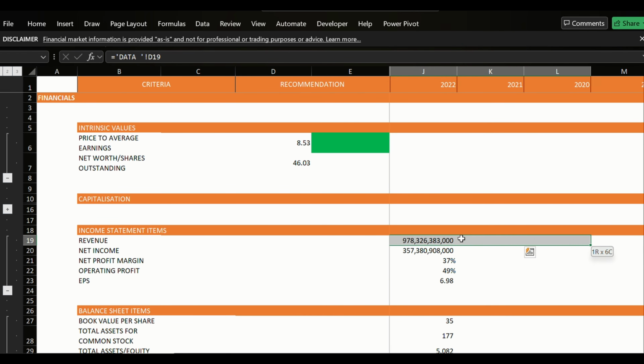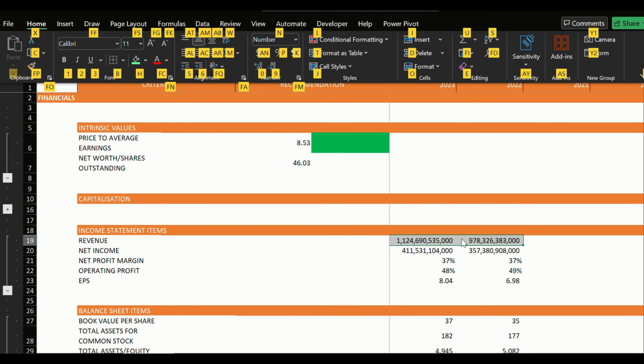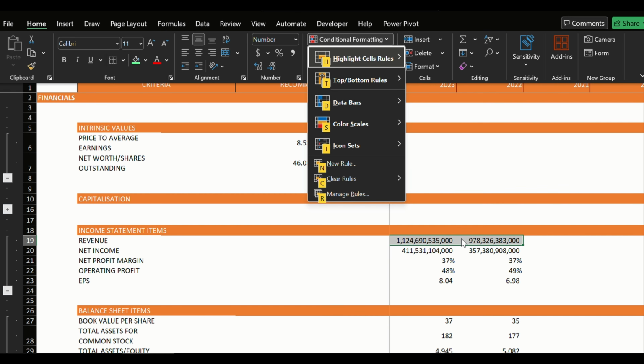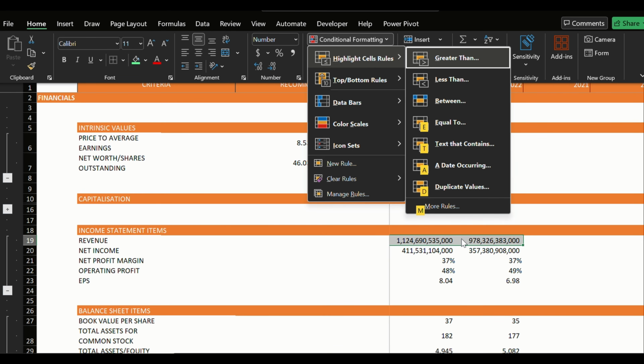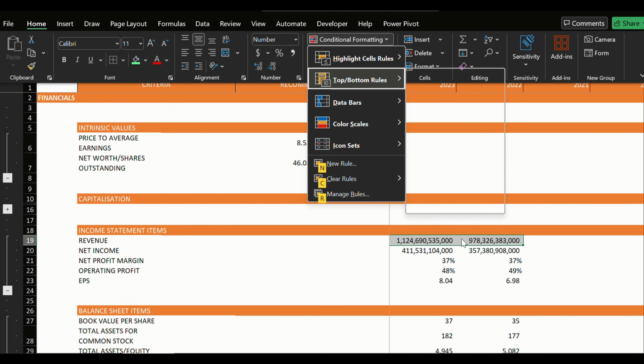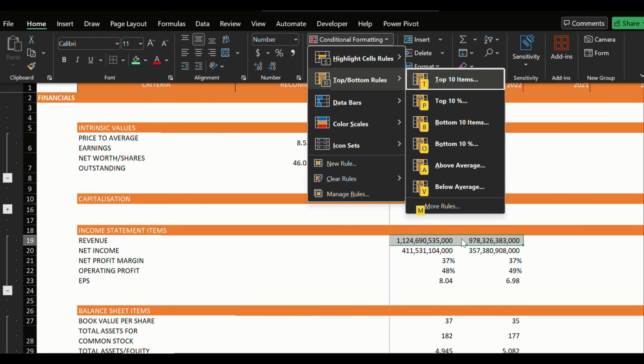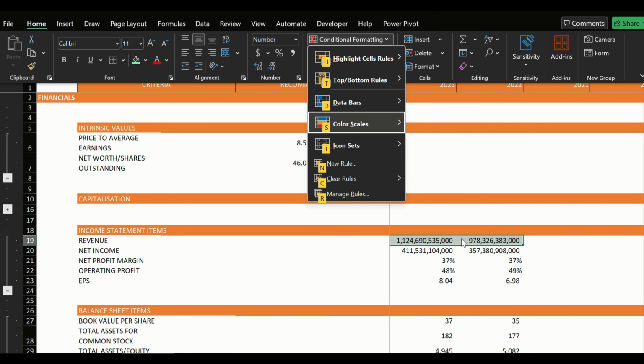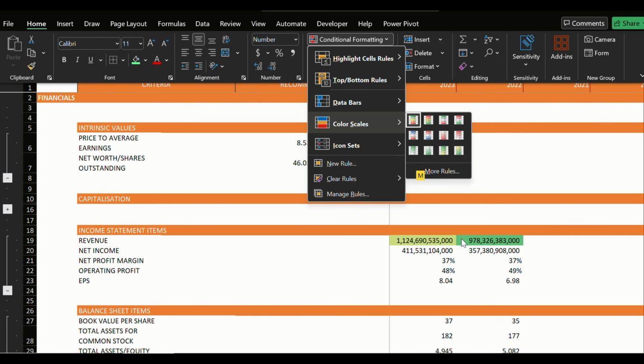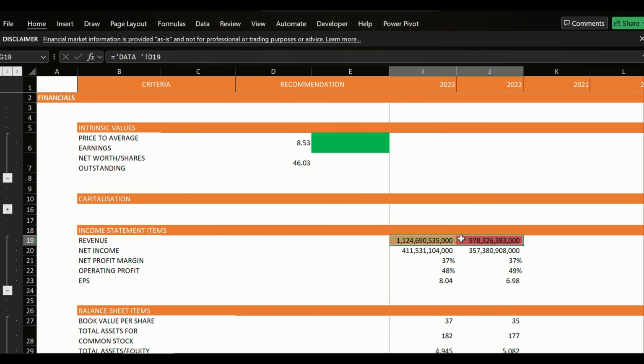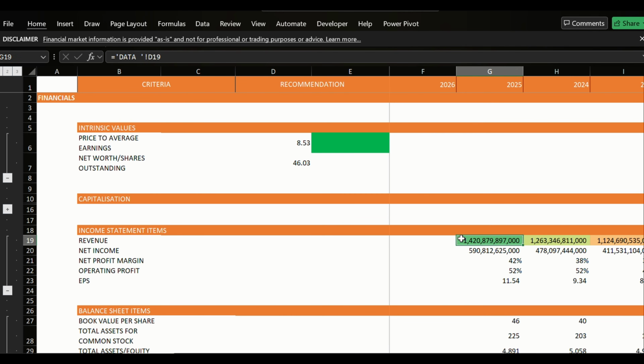Sorry for that. What should I use? Green. Oh yeah, I think that's perfect.